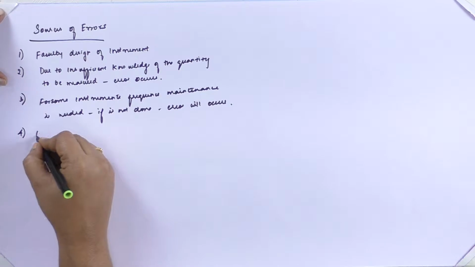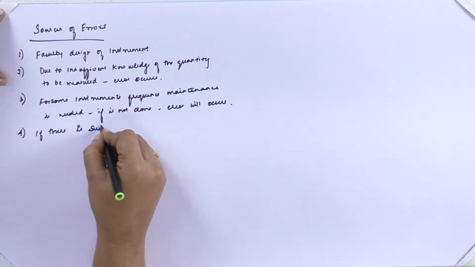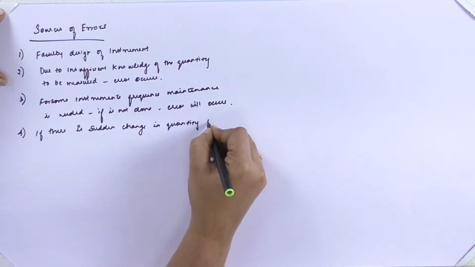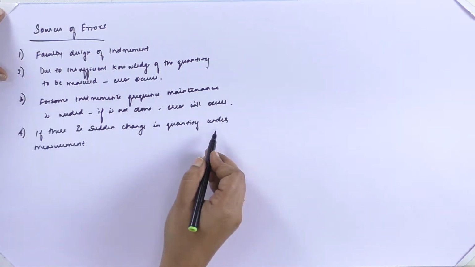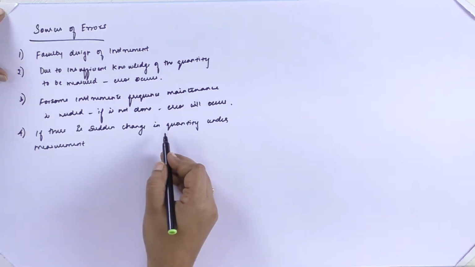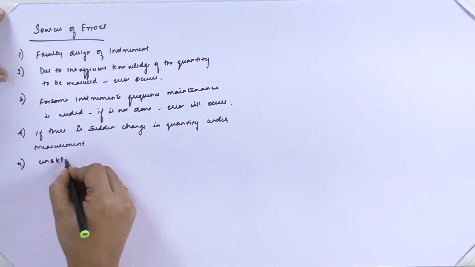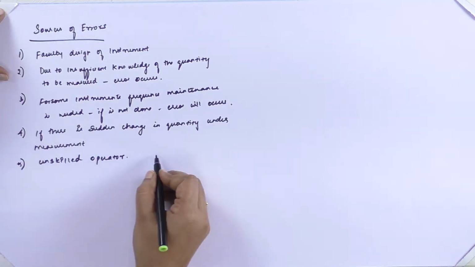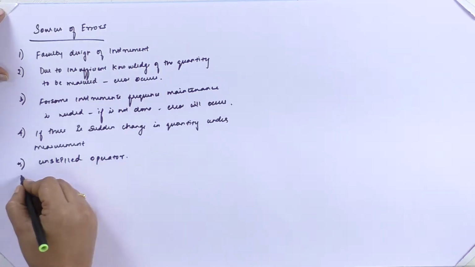Fourth one, if there is sudden change in quantity under measurement, it will cause error. If there is sudden change in the quantity which we are measuring, there will be the chance of occurring error. Next one, unskilled operator. If an unskilled operator is using an instrument for measuring the quantity, then error will occur.